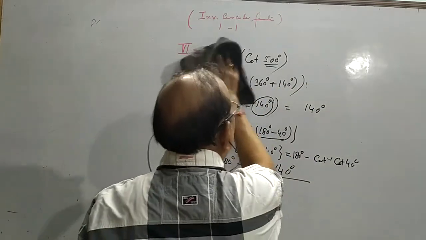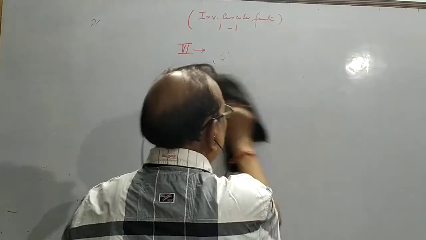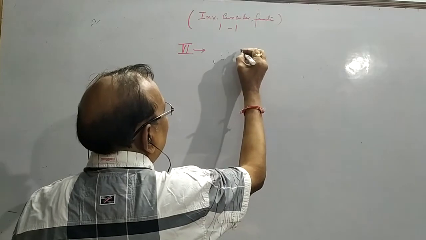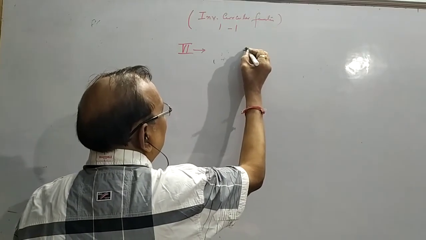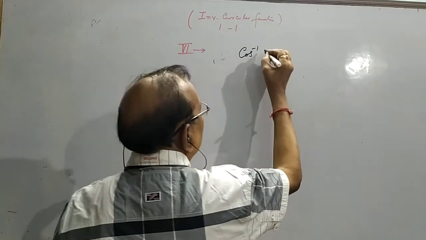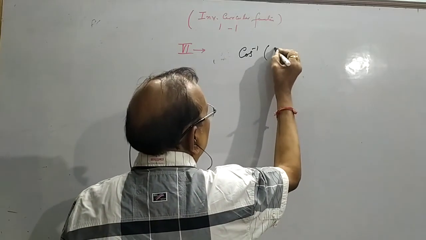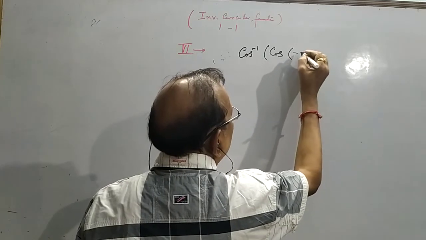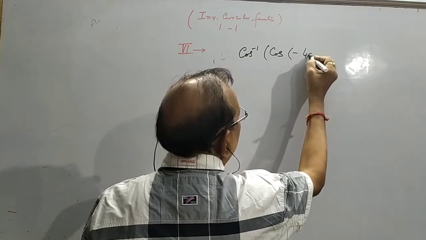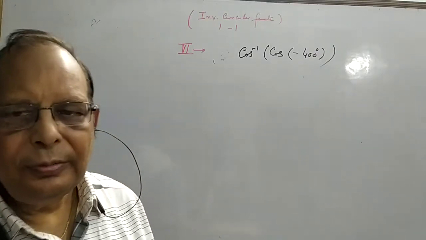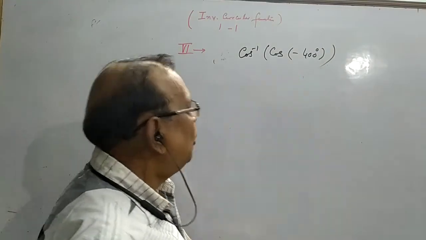I may consider another value. Suppose I am writing cos inverse cos of minus 400 degree. First of all, we have to make the operation on this.